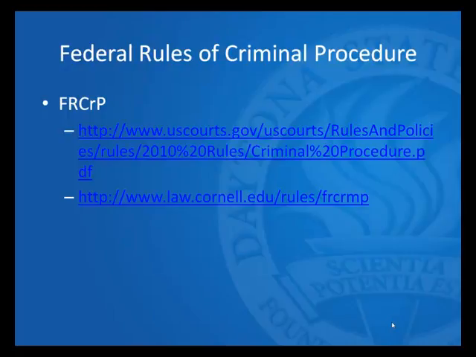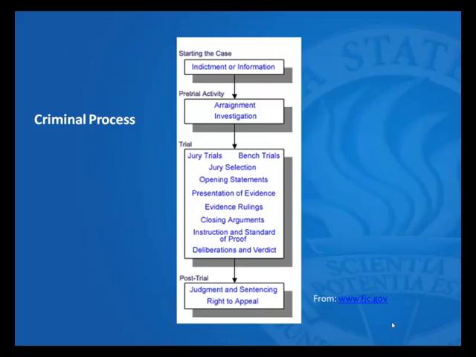And again, the first link that you see for the FRCRP, which is the way it's usually abbreviated for criminal procedures, is the original, and the second one is Cornell's law school stuff. We will be dealing with the FRCRP more extensively in another lecture, but again, I just want to go over the general process.